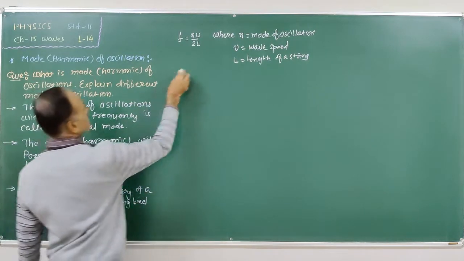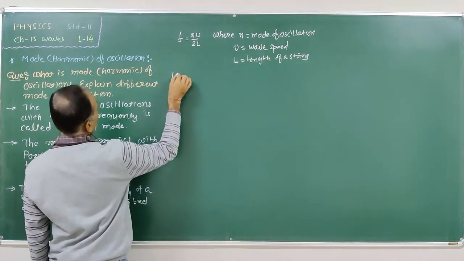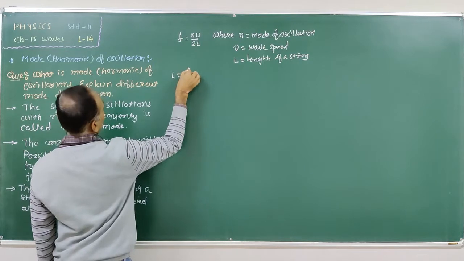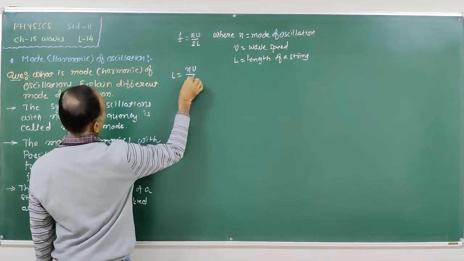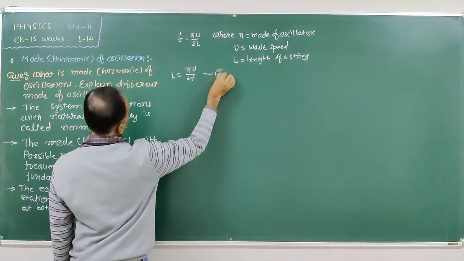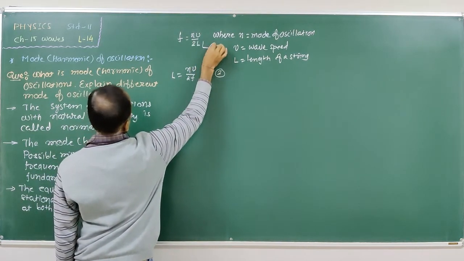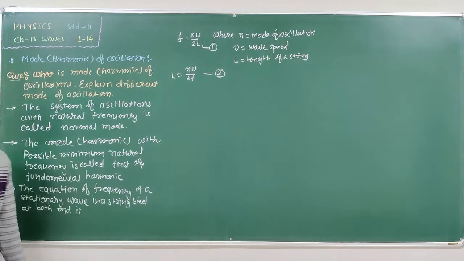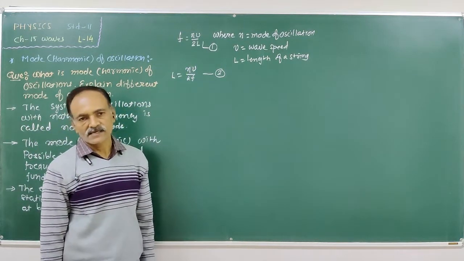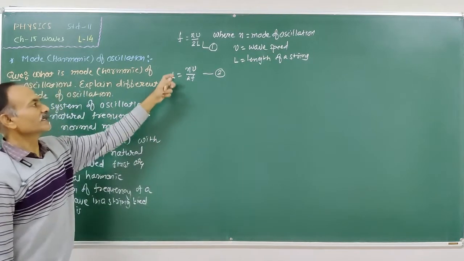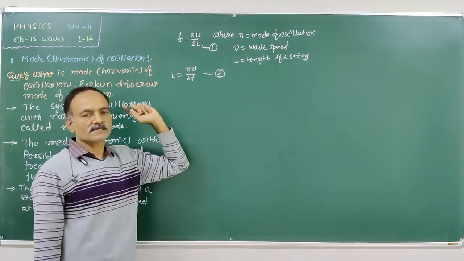From this equation, L is equal to nv upon 2f. That is our equation number 2, and the frequency equation is equation number 1. Therefore, the length of a string required for the nth mode of oscillation is L; we can calculate the length of a string from this equation.